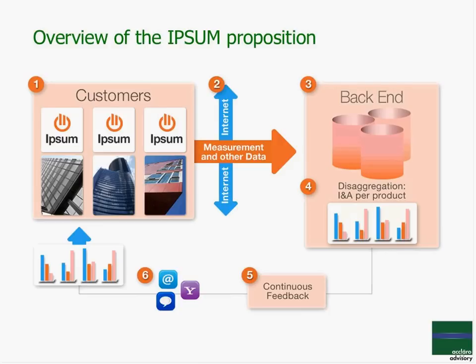That information can be provided back to management, but also, depending upon the level of disaggregation, down to departments and down to individuals in terms of the amount of energy they're consuming and how they're consuming it.